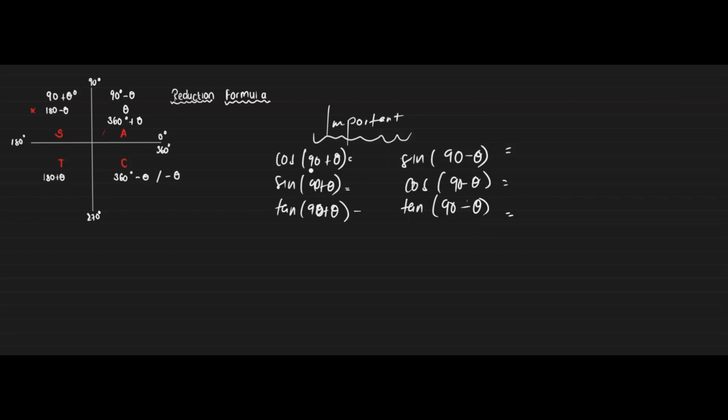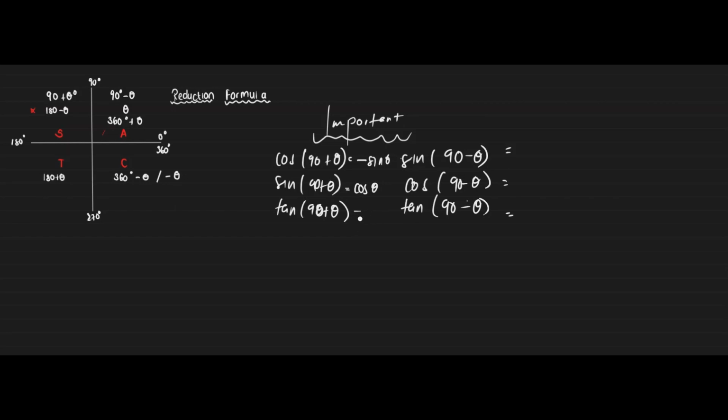If we have 90 plus or 90 minus, the sine changes into cos, and the cos changes into sine. So this one is the second quadrant, so sine is the only one that's positive. So the first one is going to be minus sine theta. The second one is going to be positive cos theta.